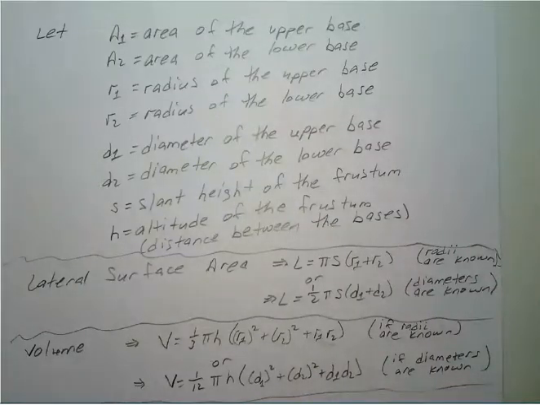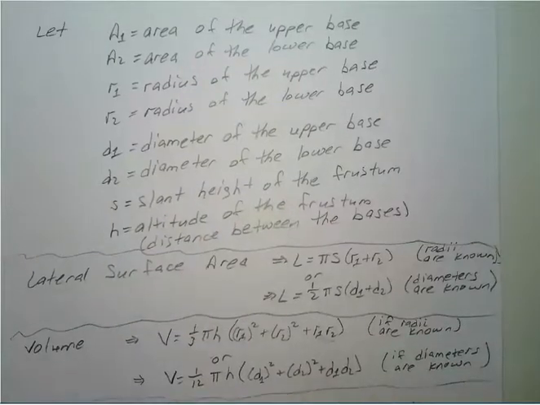Okay, or if you know the diameters, you have 1/12 times pi times the altitude times the upper diameter squared plus the lower diameter squared plus the upper diameter times the lower diameter. So all of those will be added and then multiplied to everything over here.